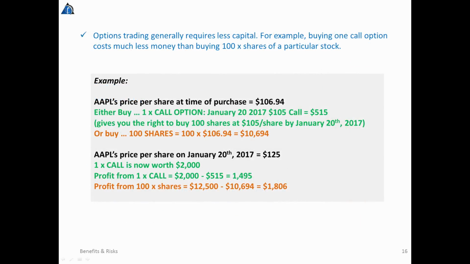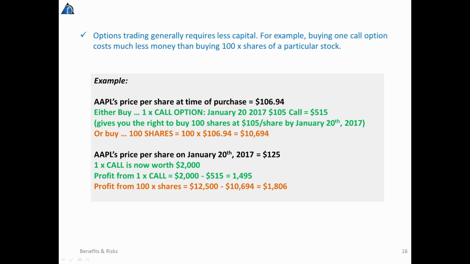Fourth, options trading generally requires less capital. For example, buying one call option costs much less money than buying 100 shares of stock. We've already seen that in the previous examples. But hey, what's the harm in another example? Let's say that Apple's price per share at the time of purchase was $106.94.